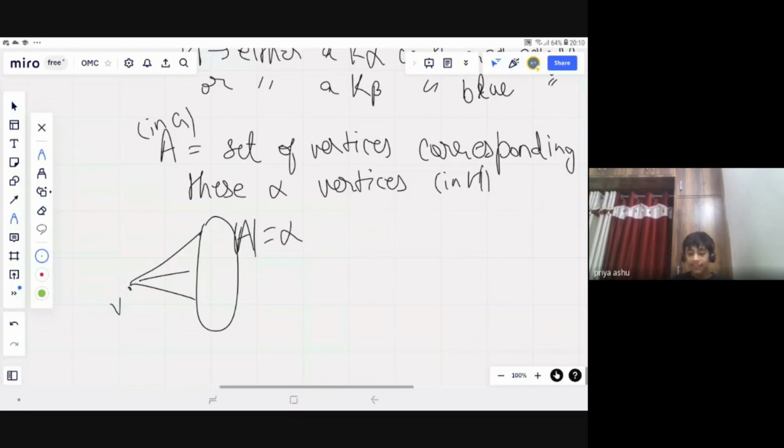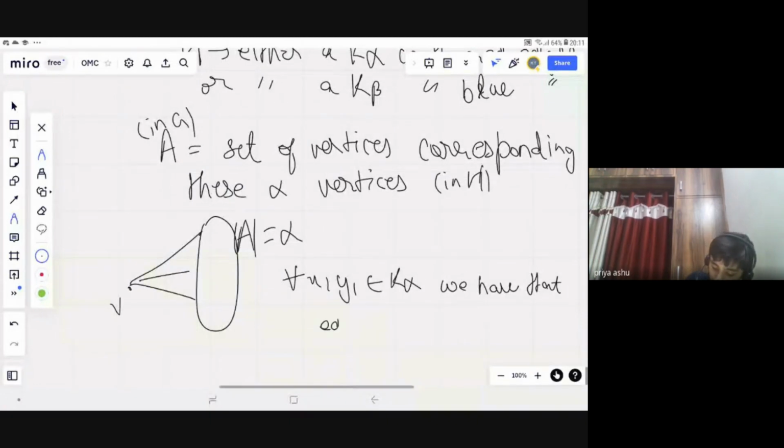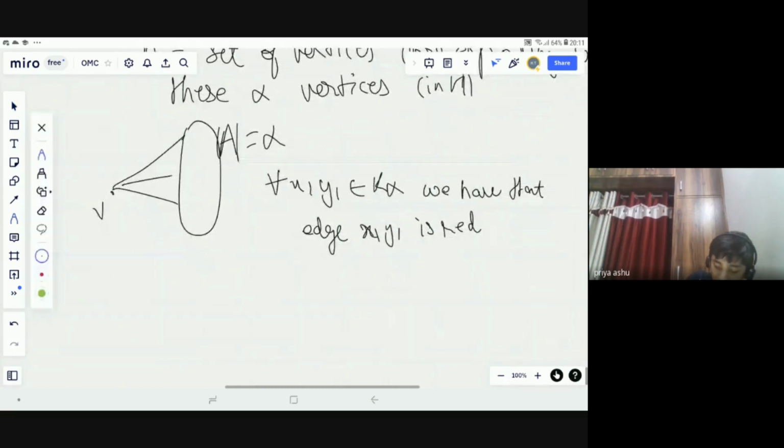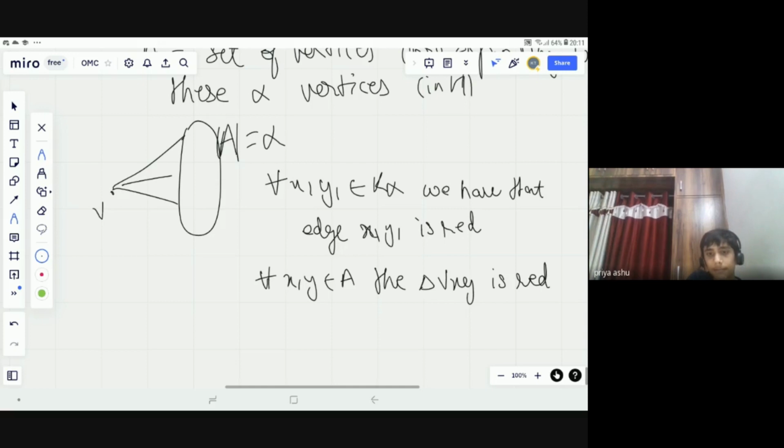For all x1 and y1 in the K alpha in H, the edge x1 y1 is red. And just because of the construction of H, for all x and y in A, the triangle VXY is red. Is this clear?